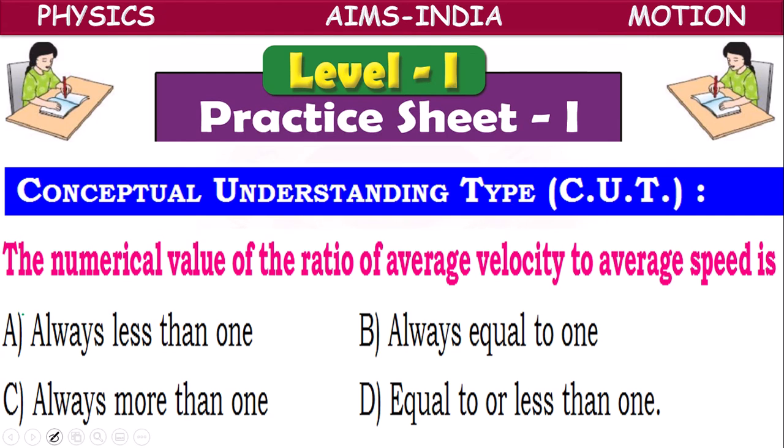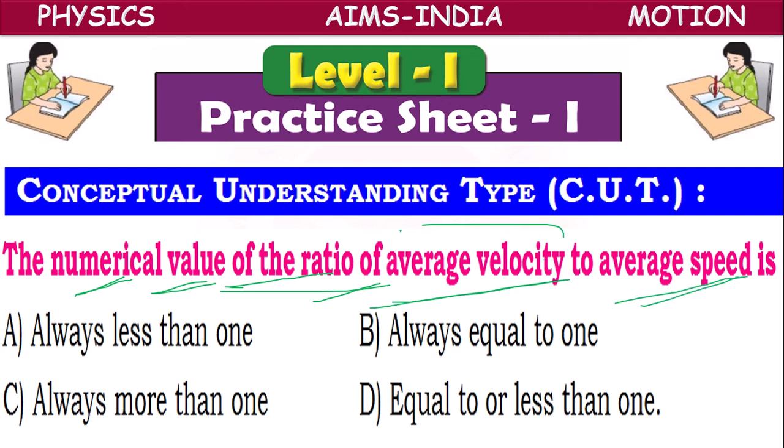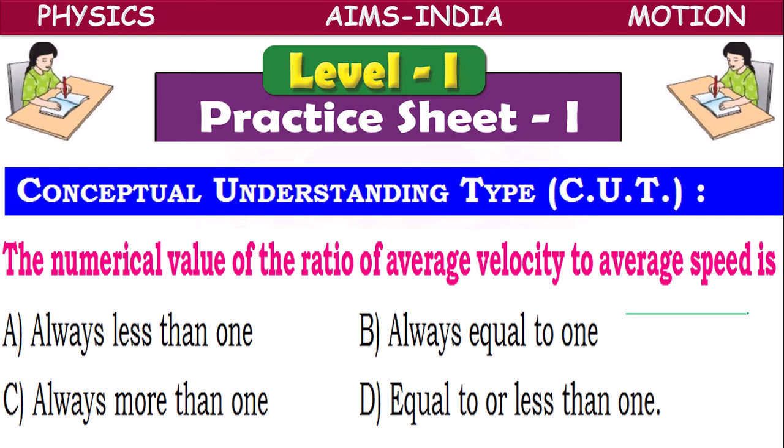The first question, children. The numerical value of the ratio of average velocity to its average speed is. Average velocity means speed in a definite direction. If the body travels in a straight line, then average velocity and average speed are both equal.